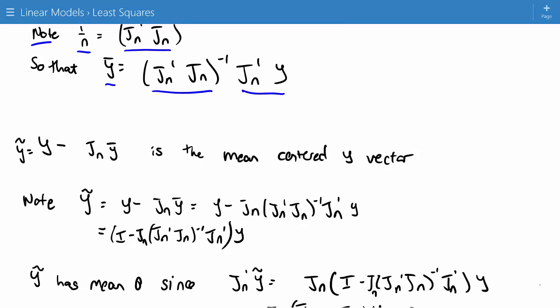Furthermore, if we wanted to mean center our vector y, we would get the vector y tilde, and we could write that as y minus Jn times y bar.